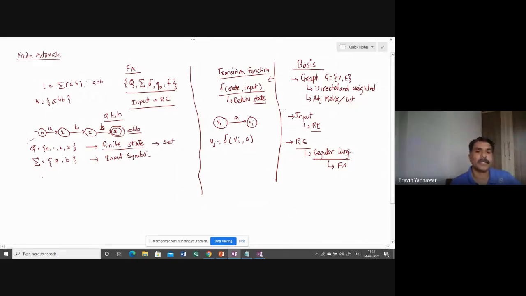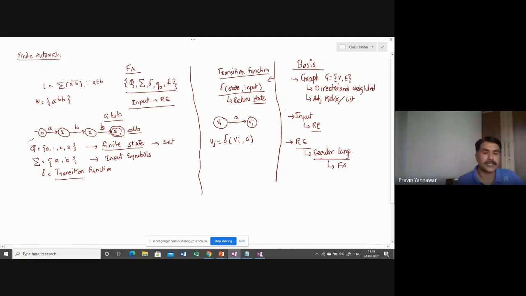Then there is a delta. Okay, so delta is what? A transition function. And this transition function is with respect to every state in the set Q. So this delta is called the transition function. Let's write it here. Delta is my transition function.